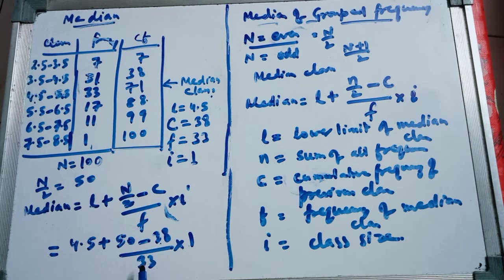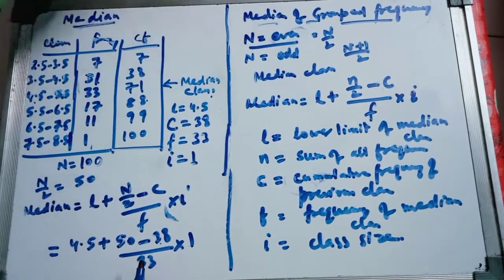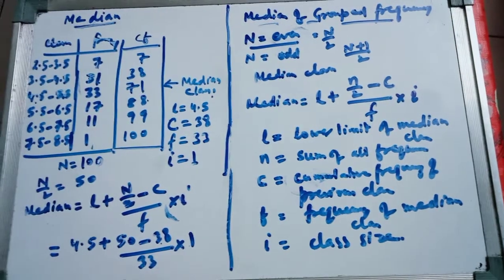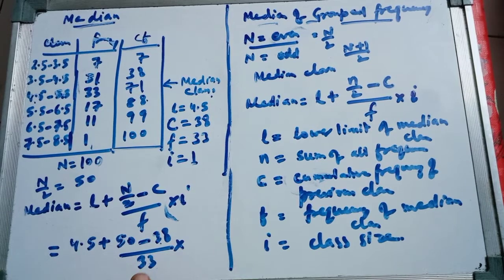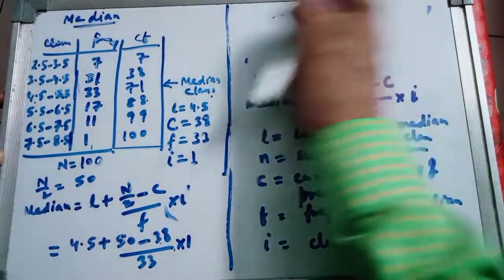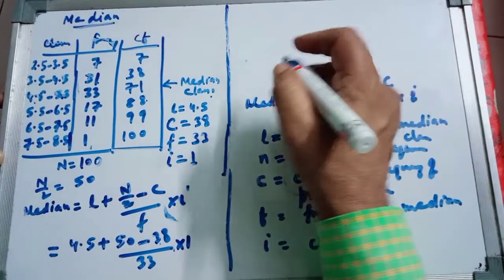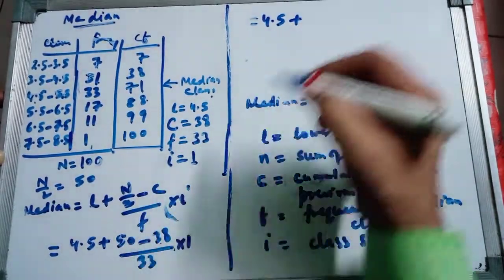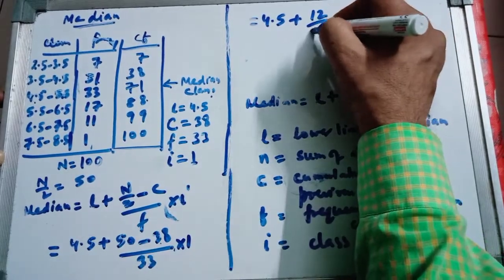12 by 33. You can use the calculator. So you will get the value. If you do the calculations, I'm just doing one step and directly writing the answer. 4.5 plus 50 minus 38 is 12 by 33.